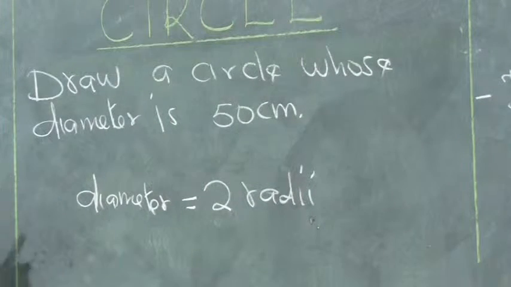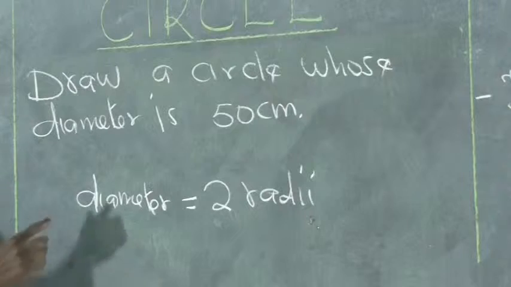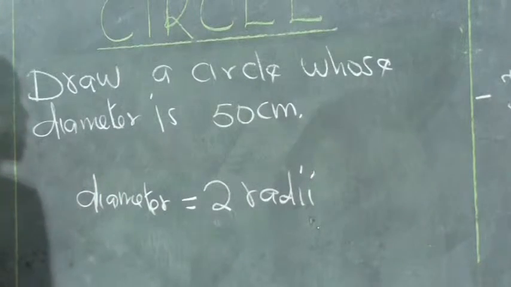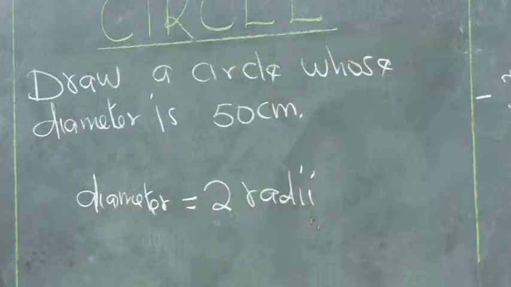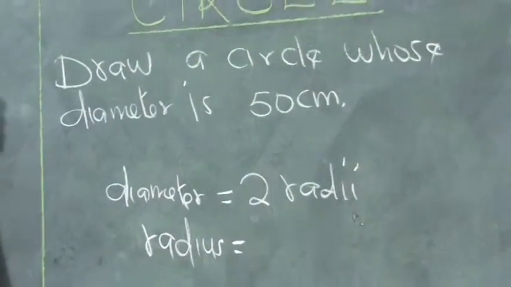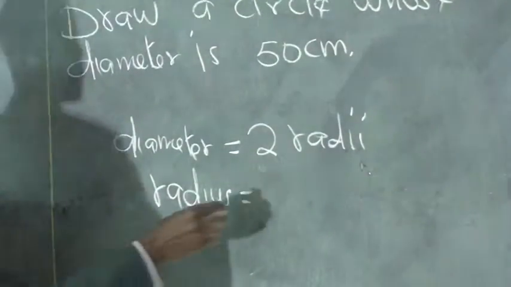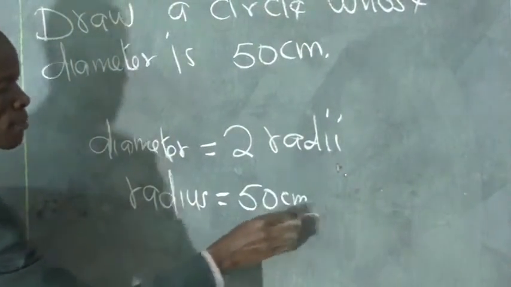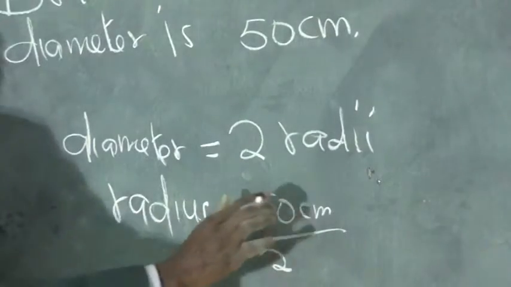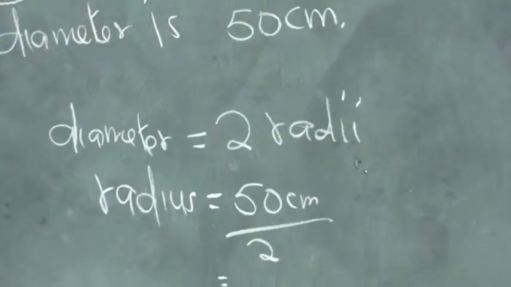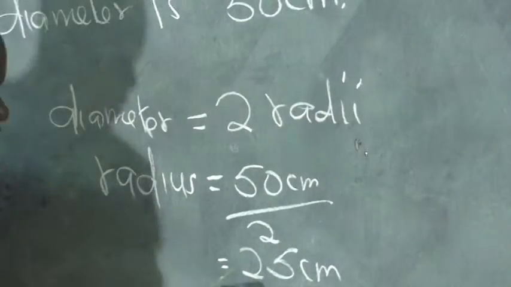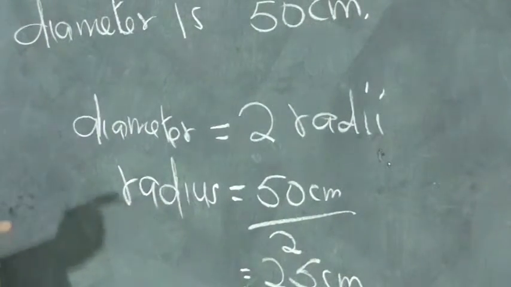Therefore, if you are given the diameter as 50 centimeters, you can identify the radius simply by saying the radius of that circle, whose diameter is 50 centimeters, will be the diameter given divided by 2. So if you take 50 centimeters and divide by 2, a half of 50 centimeters will be 25 centimeters. So it is this radius that we are going to use to help us construct the circle.